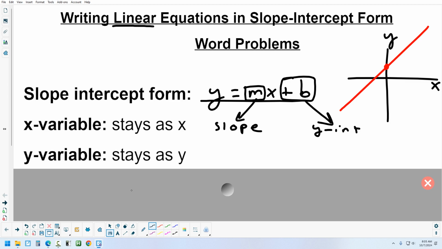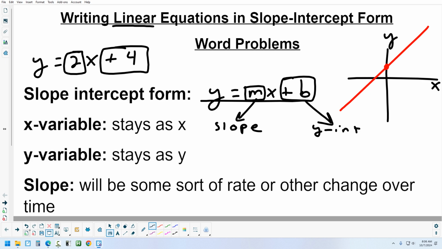So an example of a final answer would be something like, I'm just making this up, y equals 2x plus 4. That's what a final answer looks like in slope-intercept form. You fill in a number for the m, whatever number they tell you, and you fill in a number for the b, again, whatever number they tell you, and that's how you write the final answer.